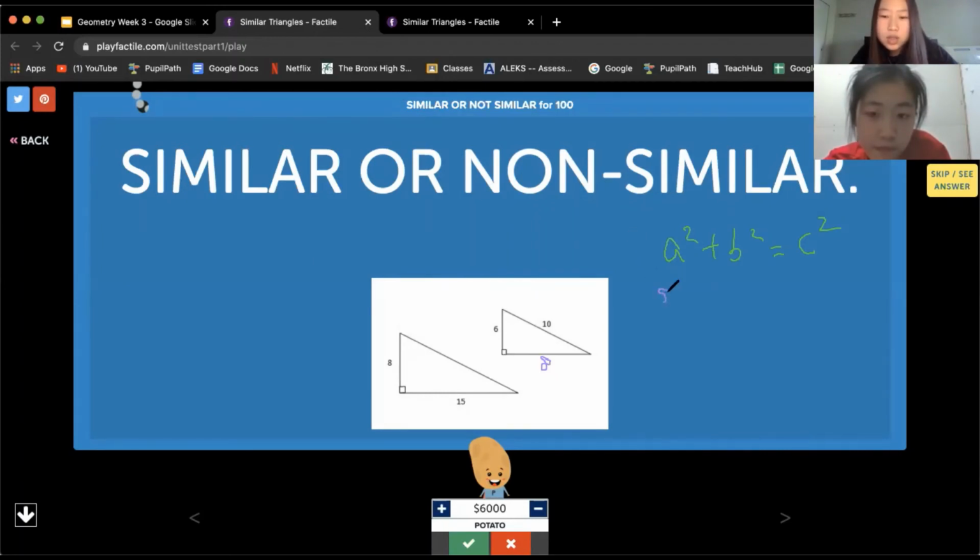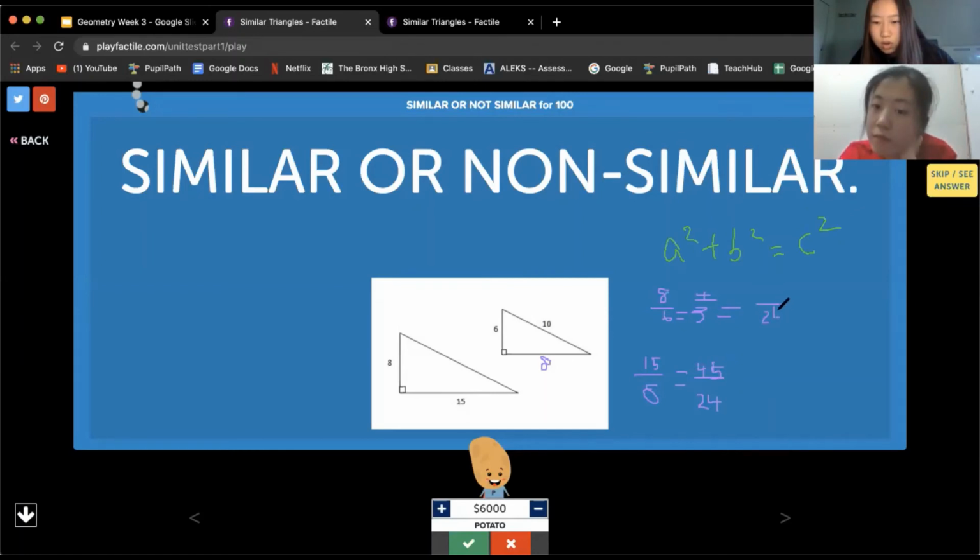So 8 over 6 is 4 over 3, and 15 over 8 is not equal to 4 over 3, because 3 times this equals 24, 45 over 24, and this one equals 32 over 24.